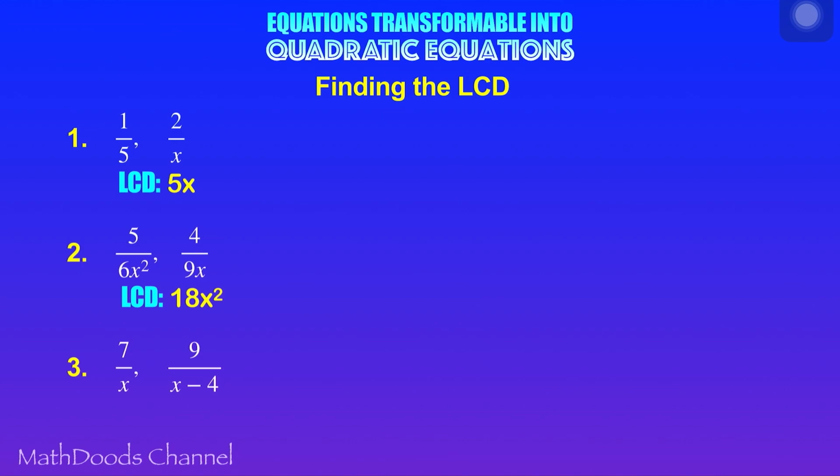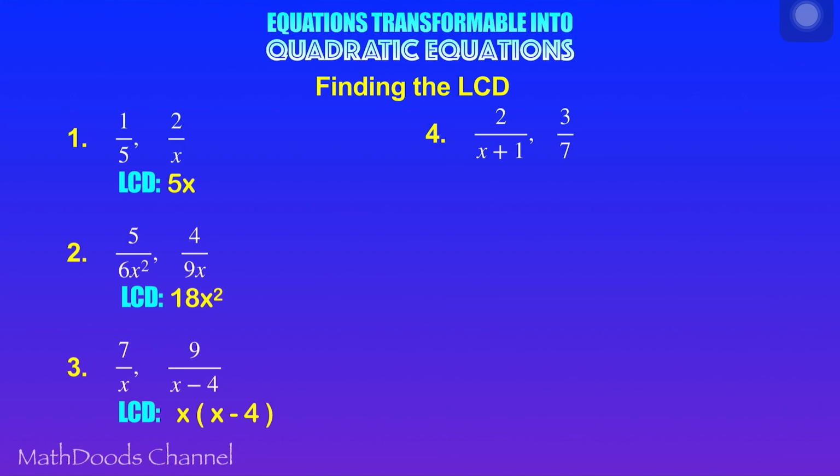Number 3, 7 over x and 9 over x minus 4. So, ang imumultiply lang natin dito yung x times x minus 4, yan na yung LCD. LCD ay x times the quantity x minus 4. Number 4, 2 over x plus 1 and 3 over 7. So, sa number 3, ginamit natin x times x minus 4.